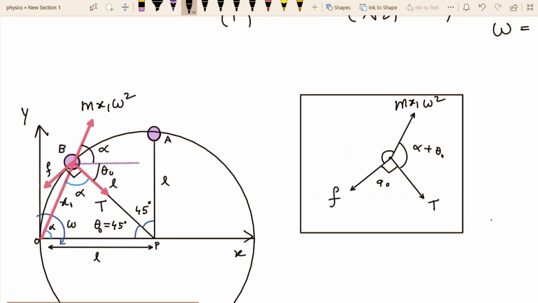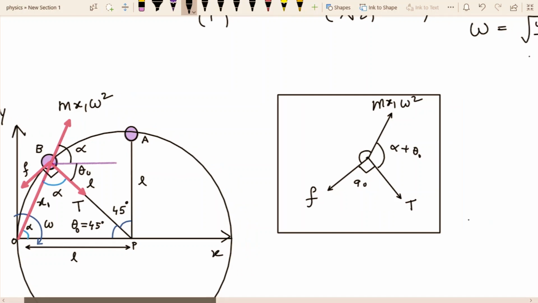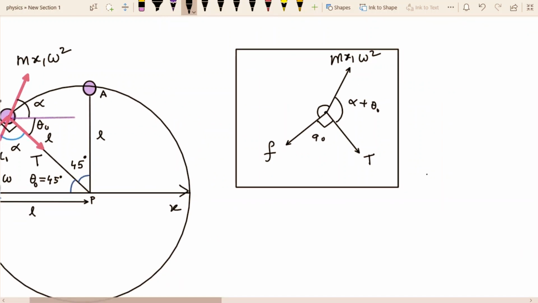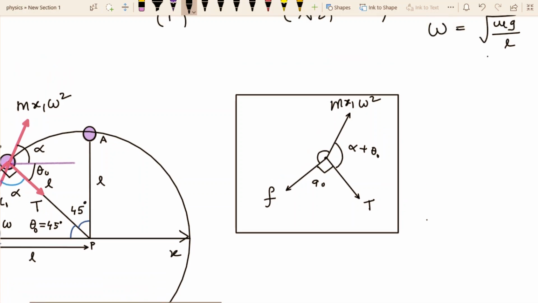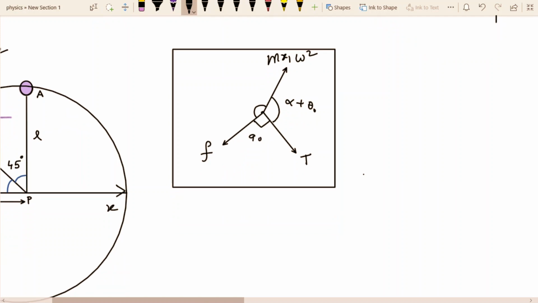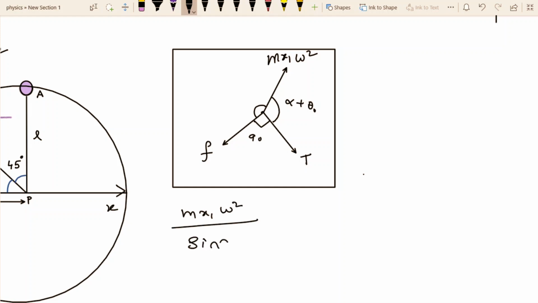Now let us enter into the application of Lami's theorem, because we require to find the angular speed of rotation of the platform at which the disc B will begin to slide. So we have to apply Lami's theorem directly. m x1 omega square divided by sine 90 is equal to frictional force divided by sine alpha plus theta naught.